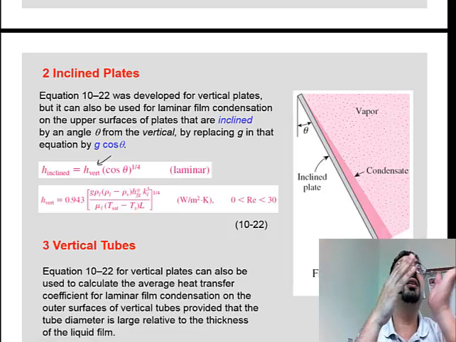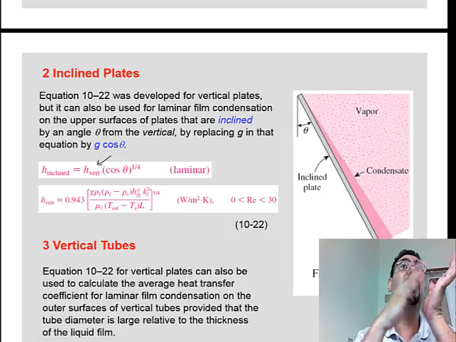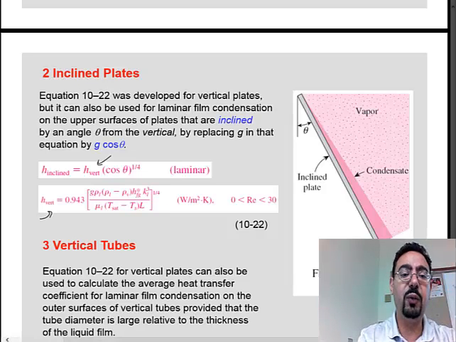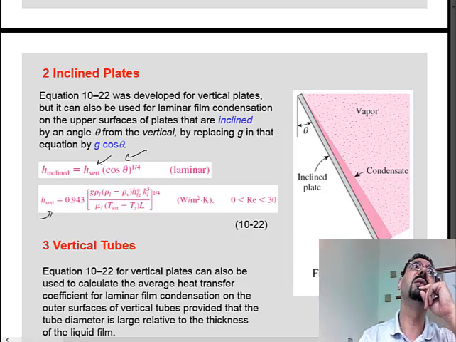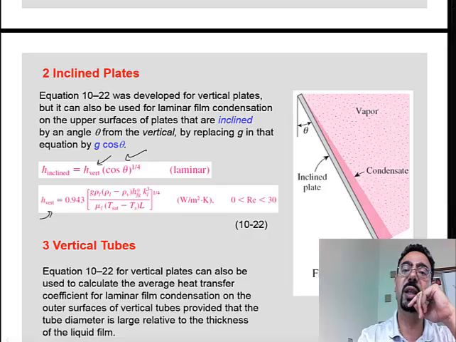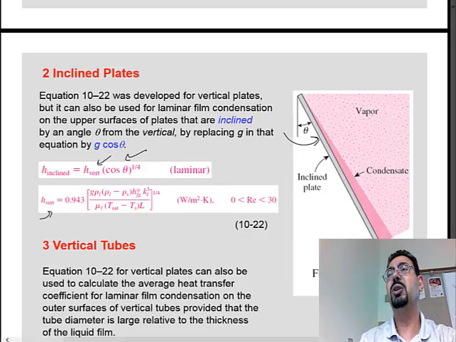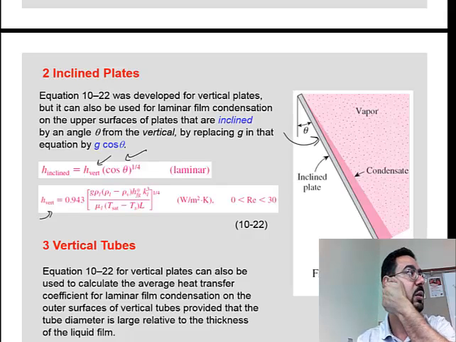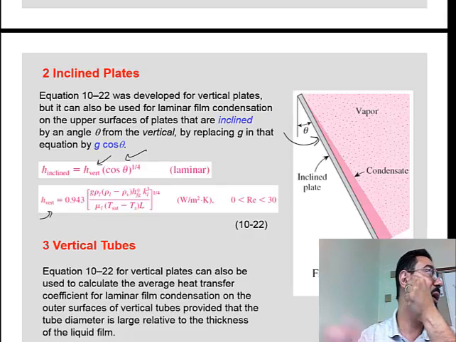So if you have a tilted plate, you calculate h vertical and he gives you the formula over here. It's the same formula that we had. But then you multiply by cosine theta to the power 1/4, where theta is how much you are tilted. So of course if theta is 0, cosine 0 would be 1 and you will get the whole thing. Right?